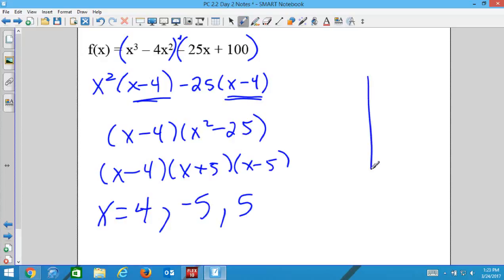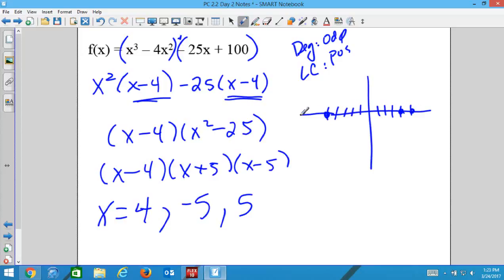What's the end behavior on this one? Degree is odd. Leading coefficient positive. So, get my numbers correct this time: 1, 2, 3, 4, 5, and 1, 2, 3, 4, 5.